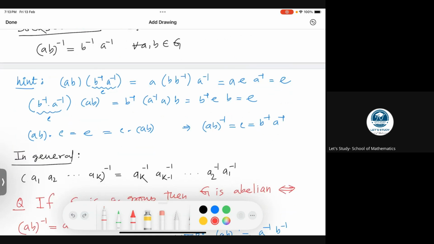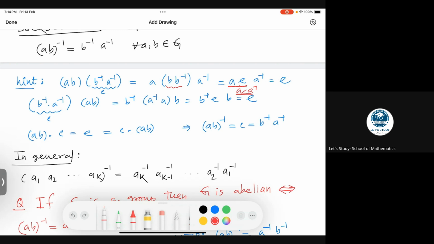How? This is the application of the associative property. So first apply the associative property, then B into B inverse means identity. Use the property of identity. A into identity means A, right? Into A inverse, it will imply A into A inverse means identity.